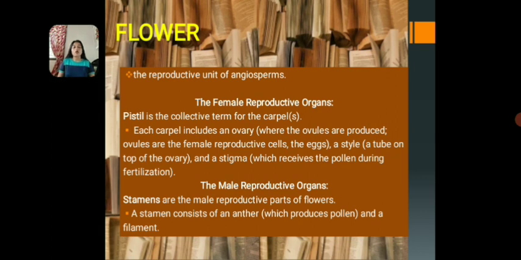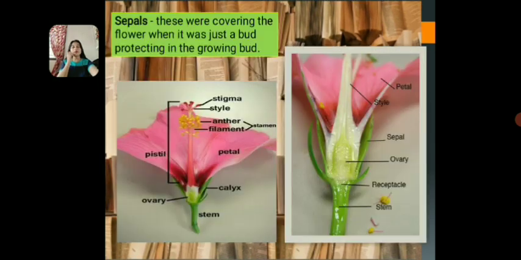Those are the parts of the flower. A stamen consists of an anther, which produces pollen, and a filament. As you can see, we have this flower.